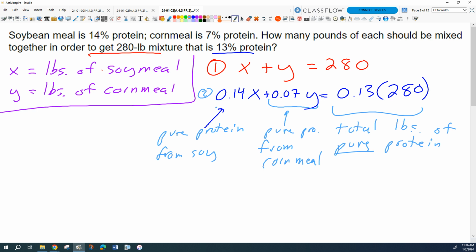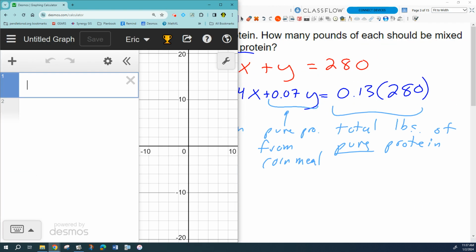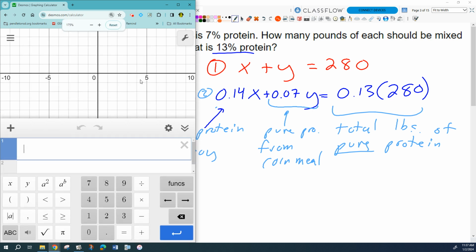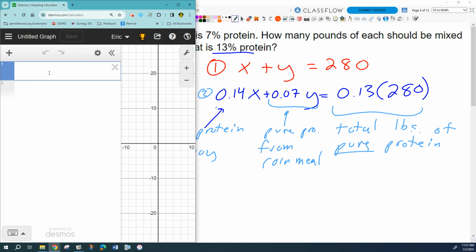Okay, so where is this? Okay, first equation, x plus y equals 280.